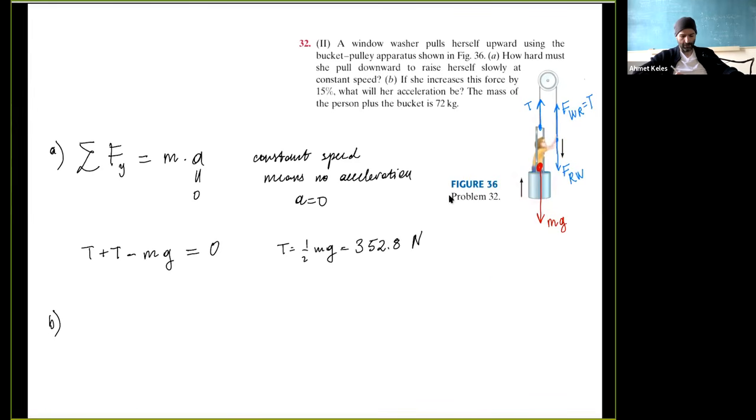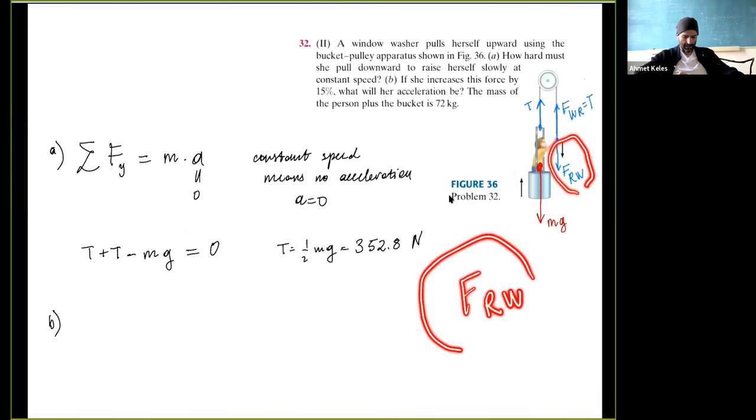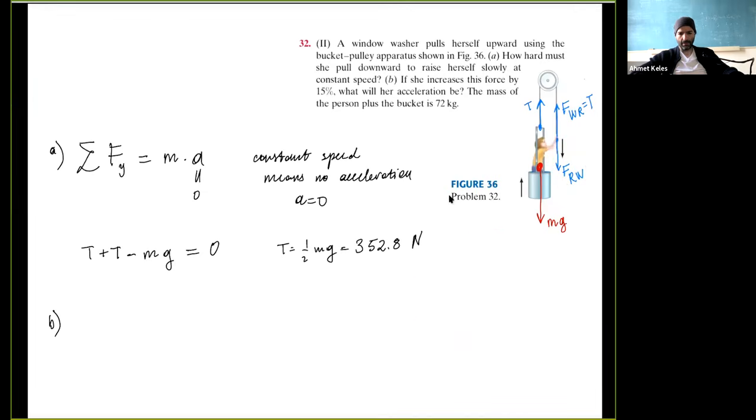So basically we are only interested in F, woman by other things. So FRW, this guy is acting on the rope and it is acted on by the woman. So I don't care about this then, okay? Is that clear?